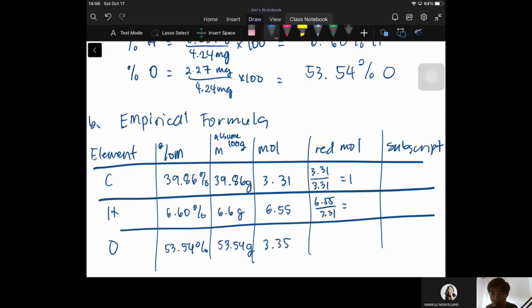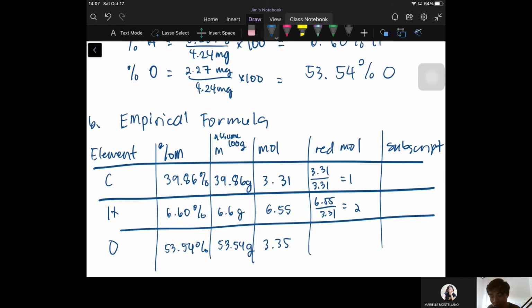Kapag mga ganon, pag 0.9, i-round up mo na yon. Okay? So, 2 mo na yan. Ang hindi lang pwede i-round up ay 0.5, pati 0.3. Bawal yan.